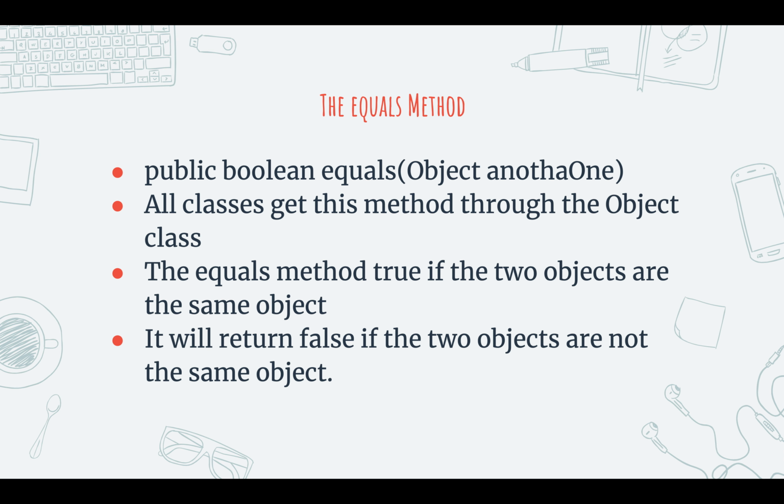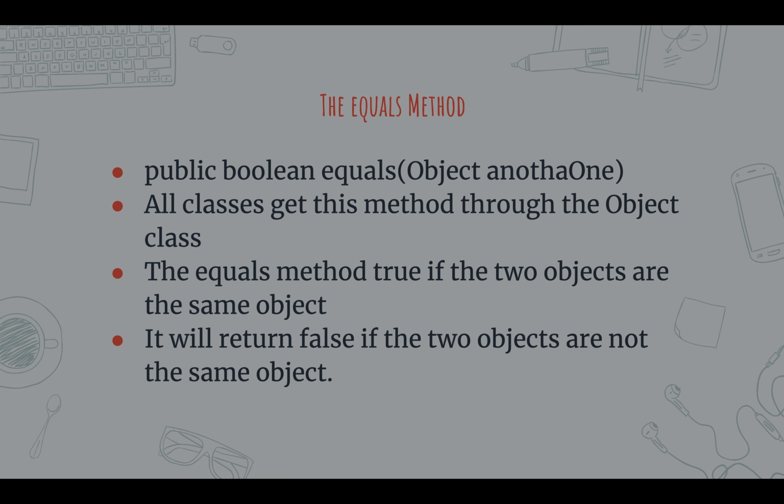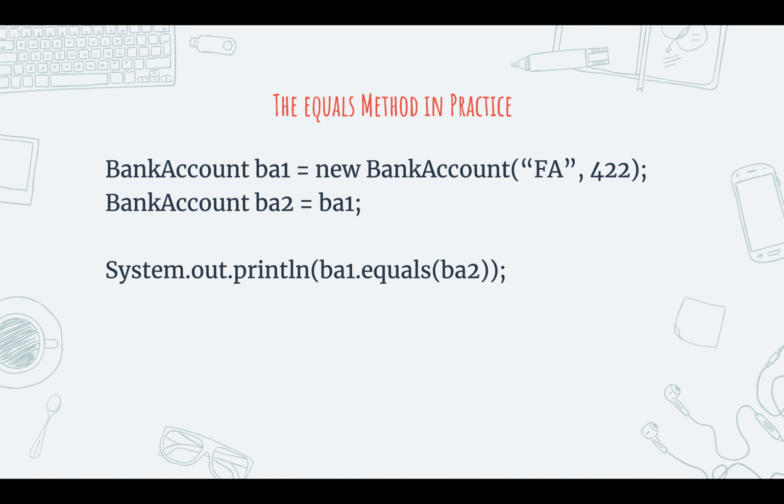It will return false if the two objects are not the same object, meaning that if it compares the two objects' locations and sees that they're stored in two different locations, then it will return false. As you can see, this is not the best option that we want to pursue with the equals method, as you will see in our next two slides. So let's look at the equals method in practice.